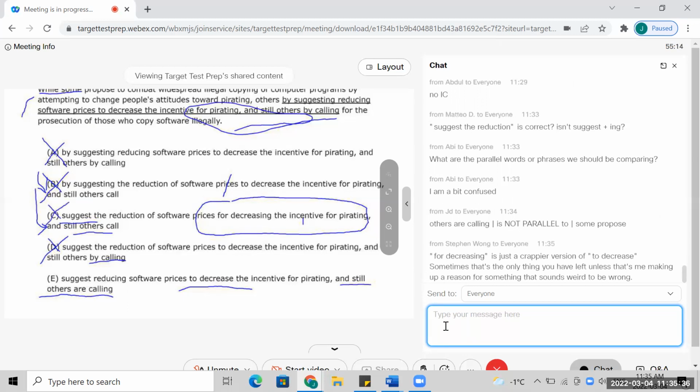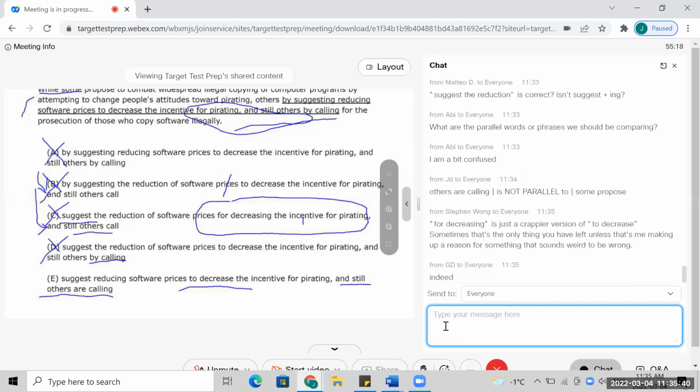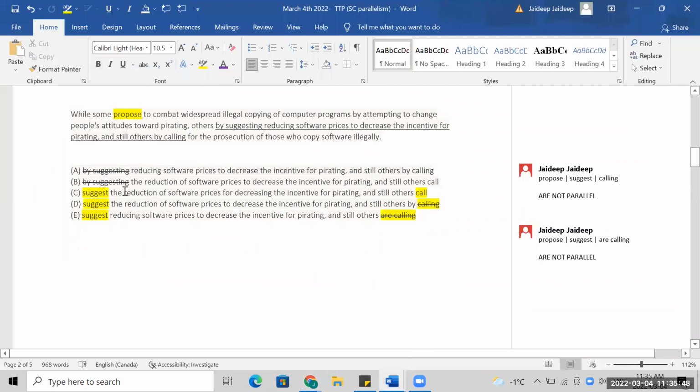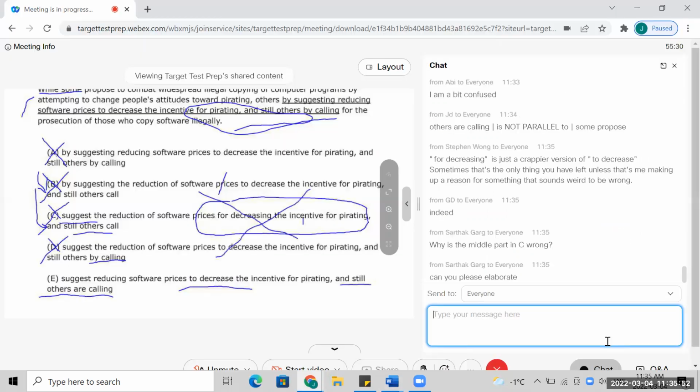Let's go back to E. While some propose, others suggest, and still others are calling. Is it the most parallel choice? No. But does it have this major issue? No. So the reason I brought up this question, which is a little different from some of the other ones we saw, is to show that the one that's the most parallel, they're going to fake this out sometimes, guys.